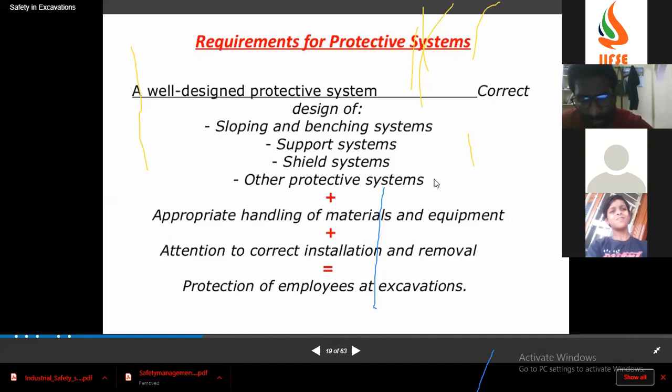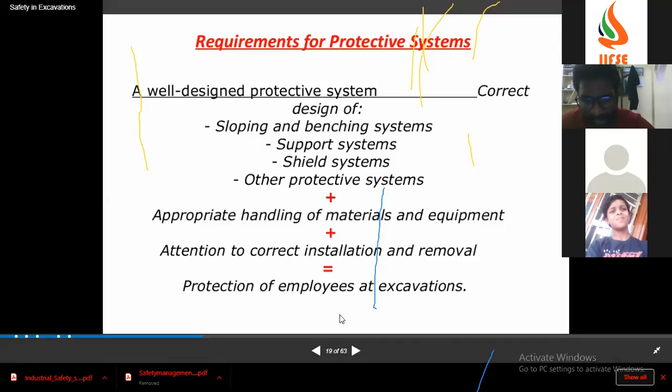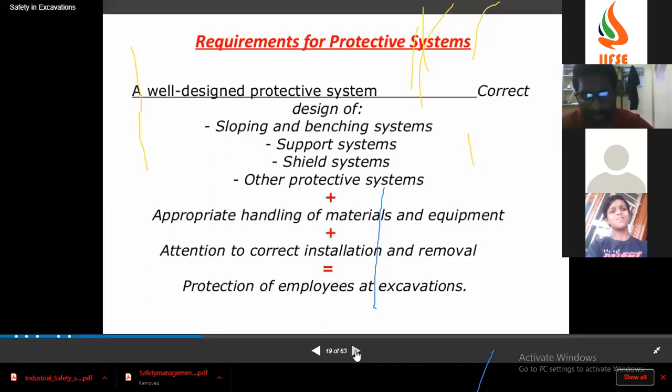What do you mean by other protective systems? Like placing wood to avoid vehicles coming near the edges, keeping the debris 3 feet away, all of that comes under protective systems: barricading, signages, speakers, all come under protective systems.